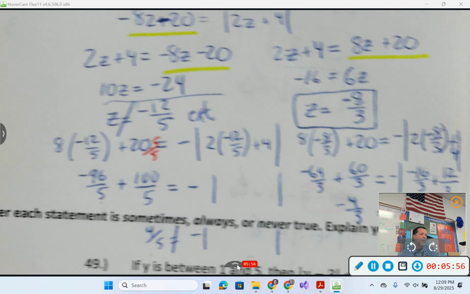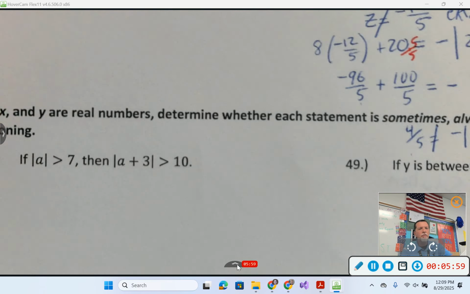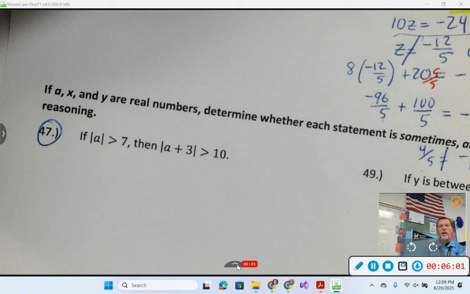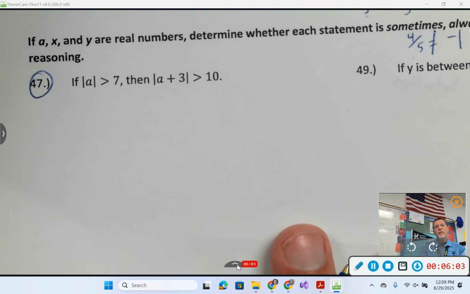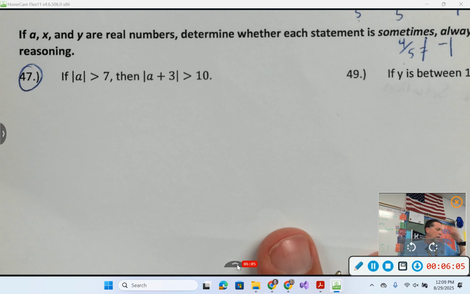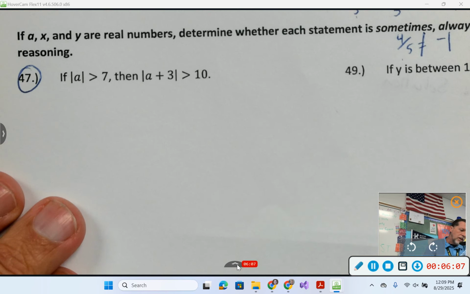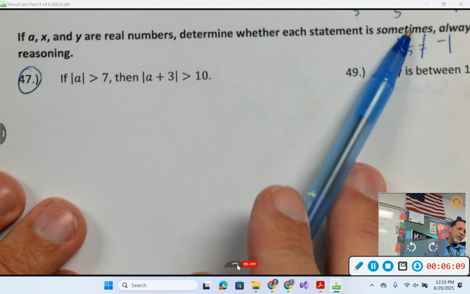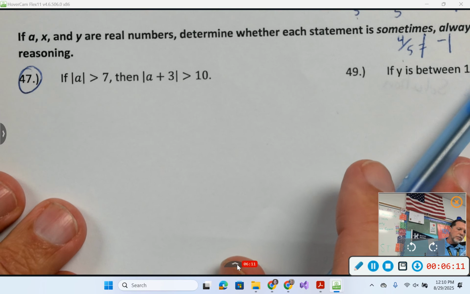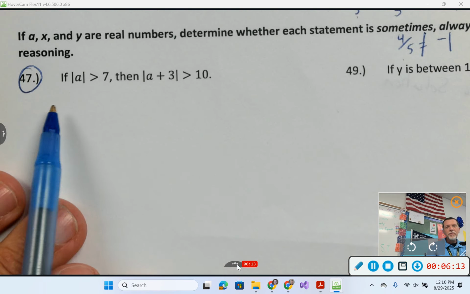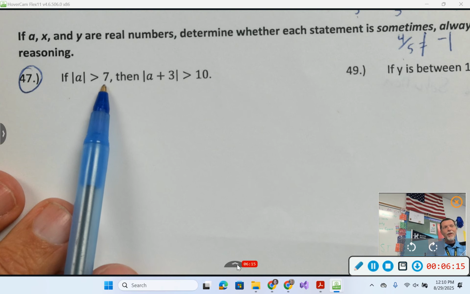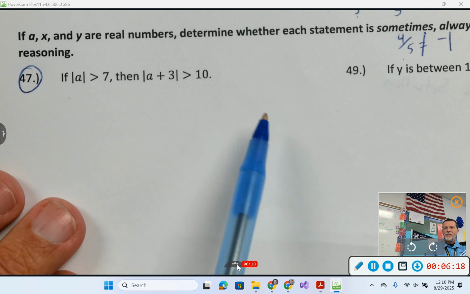Tight on space. Let's do 47. I don't really like 47 and 49, but that's why I'm going to do 47, and then I think that'll make 49 easier for you. Determine whether each statement is sometimes, always, or never true. Explain your reasoning. Well, we've not done absolute value inequalities yet, so this is not fair.